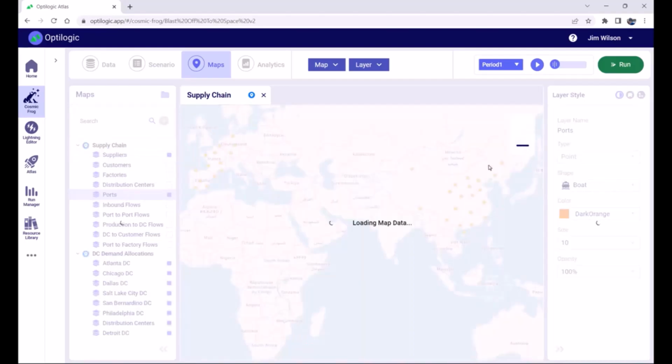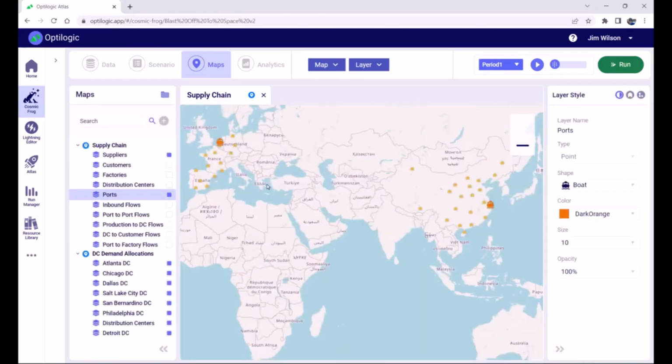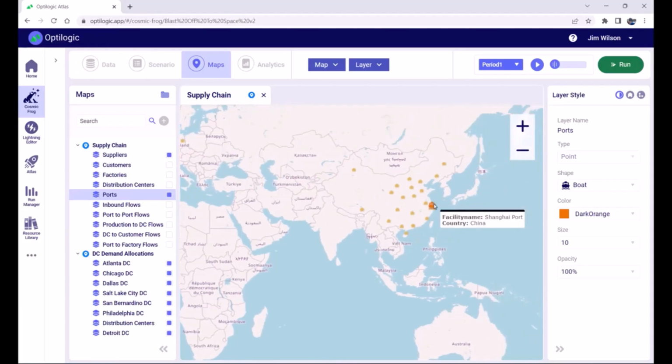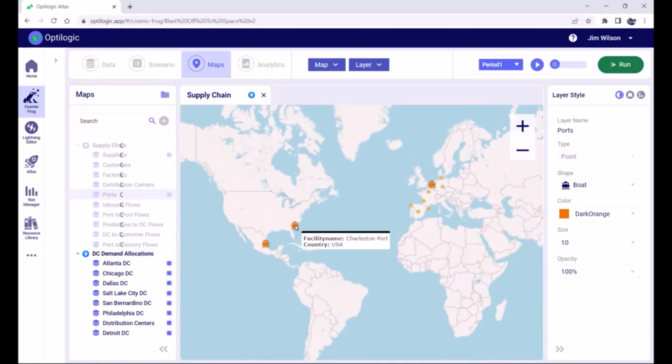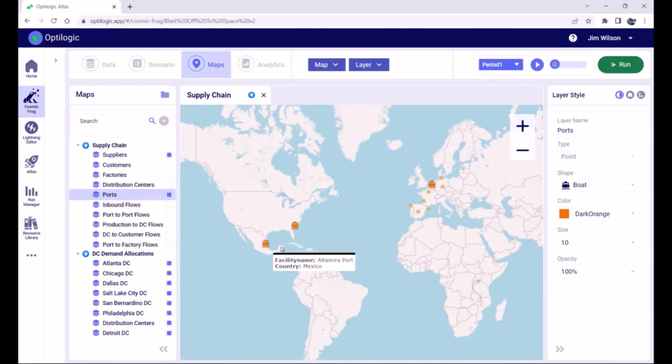So if I put those ports on, we can see that we've got a port here in Rotterdam to be able to move things on a boat out of Europe. We've also got one here, let's jump across to Shanghai in China. And then in the US, we've got Charleston on the eastern seaboard, and we've got Altamira port in Mexico. So we can also bring those goods in through ports, those raw materials, and get them to the factories.